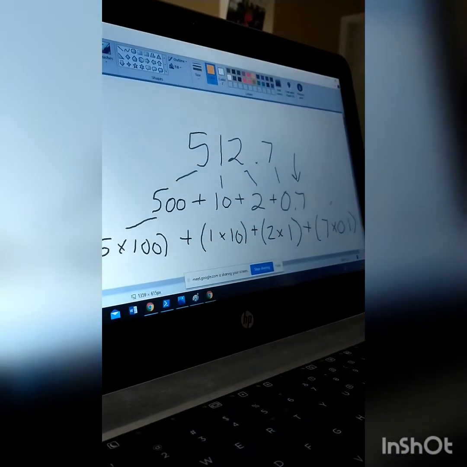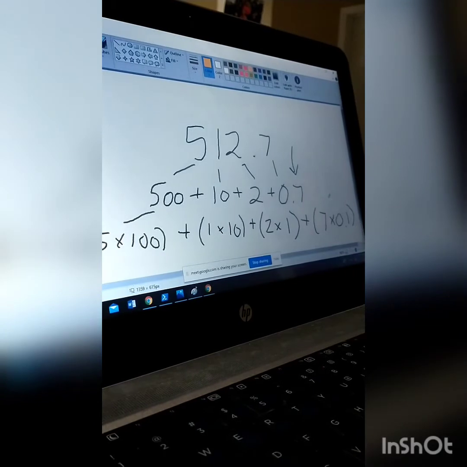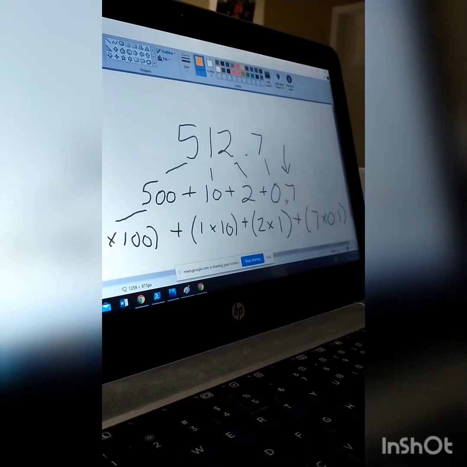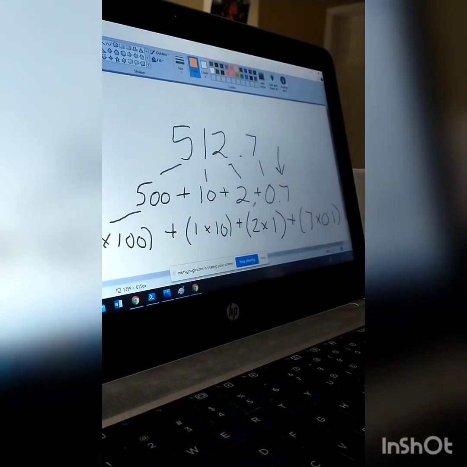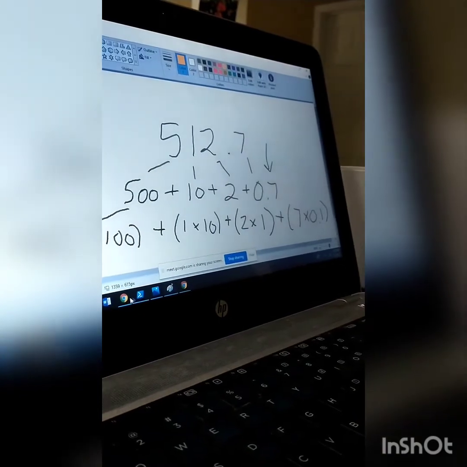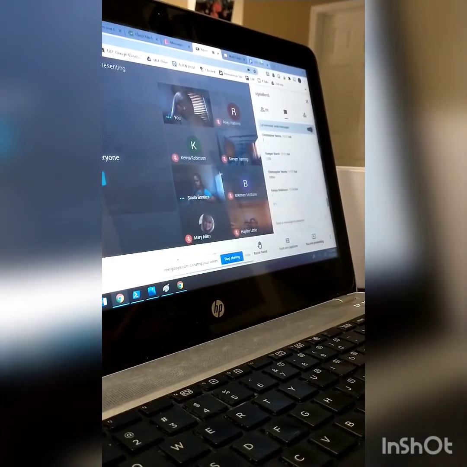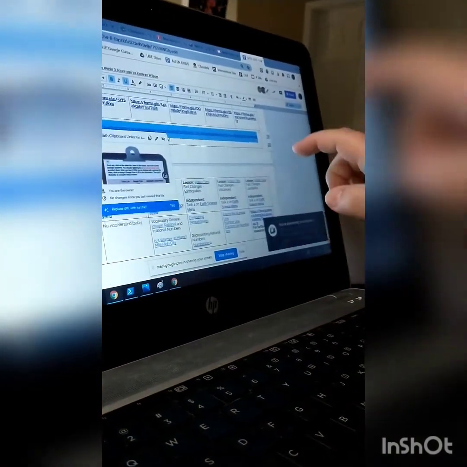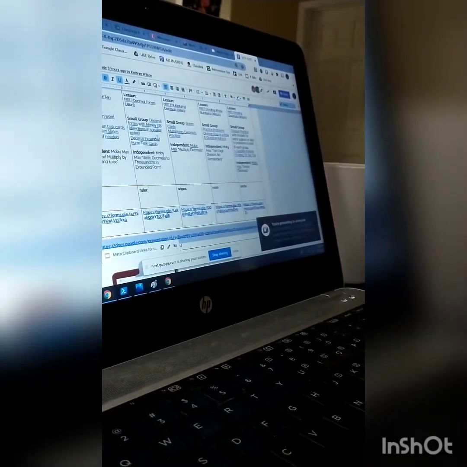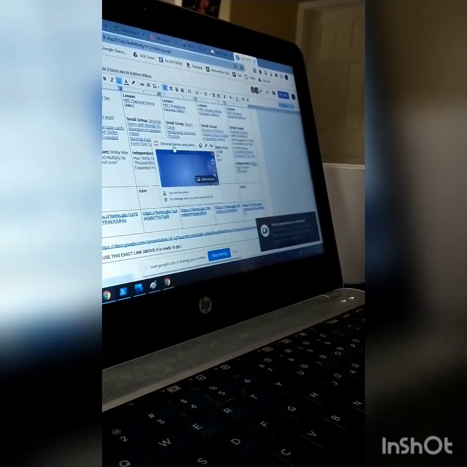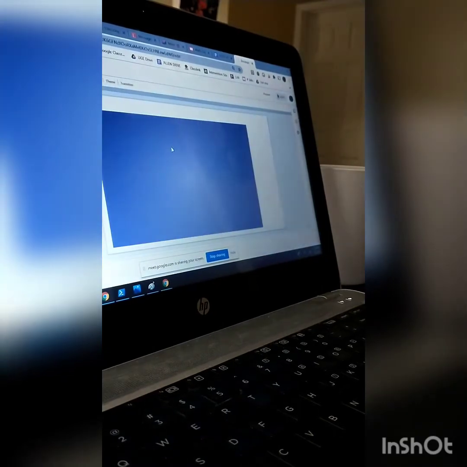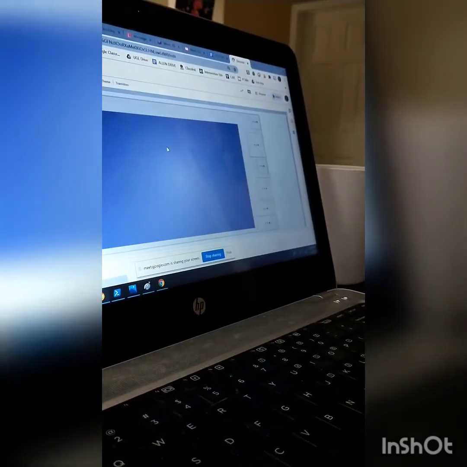Another part of that standard is thinking about different values and how those values can equal the same amount. And so I'm going to pull up another thing over here so that we can think about some different amounts.